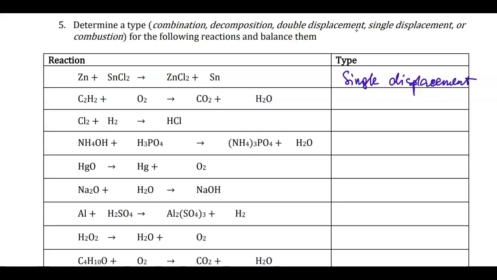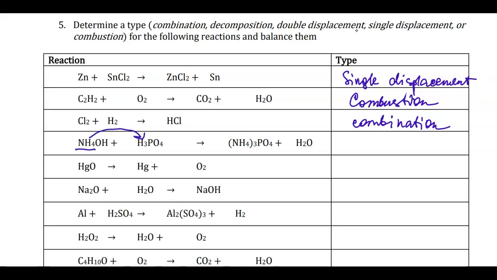This one, a compound formed out of carbon and hydrogen, and it reacts with oxygen, so it's combustion. Okay. This one, 2 reactants and 1 product, so it's a combination or synthesis. Okay, this one, you can see 2 compounds here and 2 compounds here. And as you mentioned, this ammonia goes instead of hydrogen.